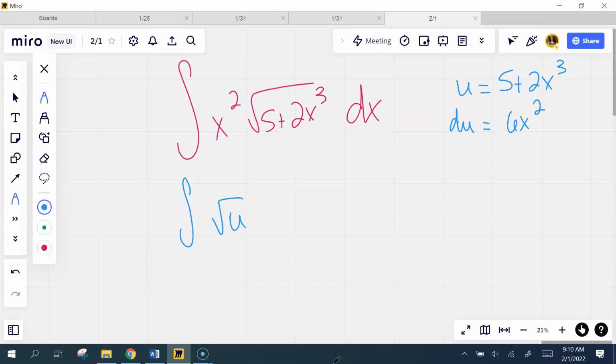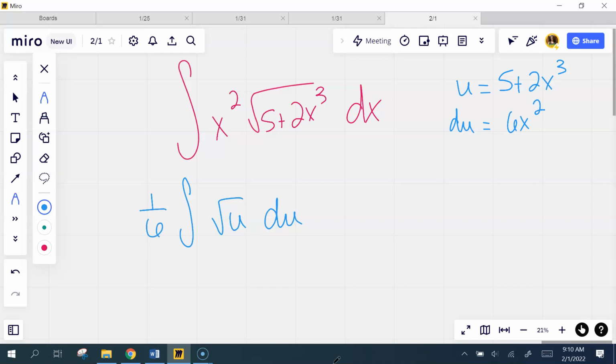What am I missing from my du? A 6. So if I put du here, that means I've thrown a 6 in here. Do you agree? So you've got to divide by 6 yourself.